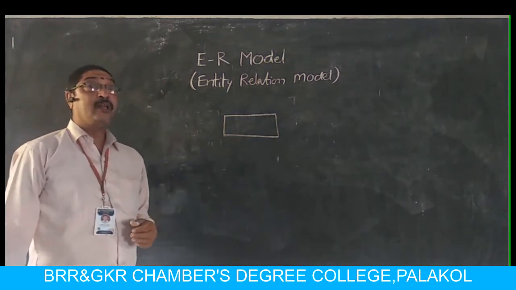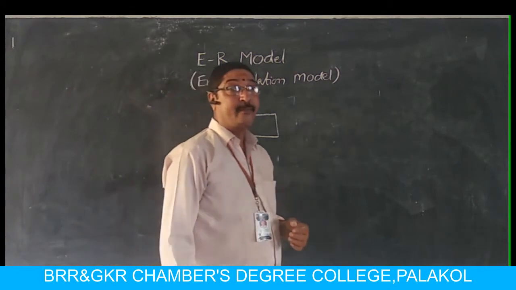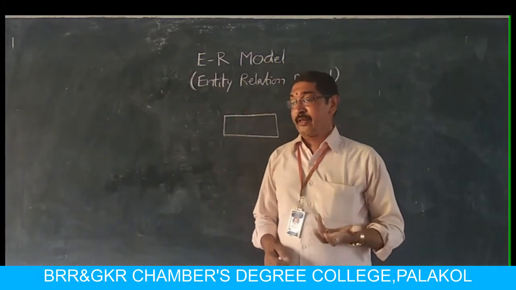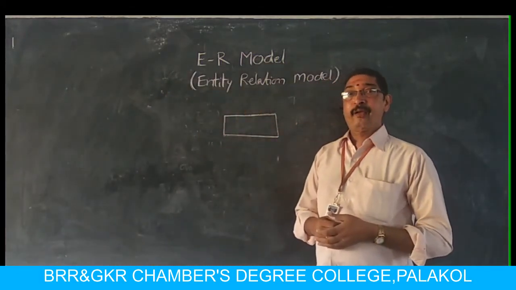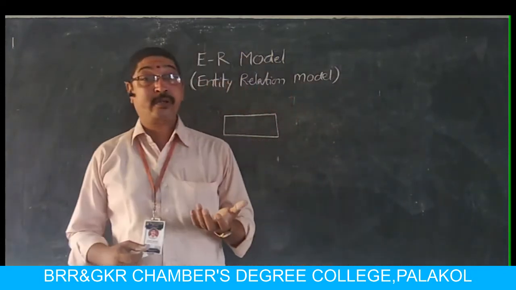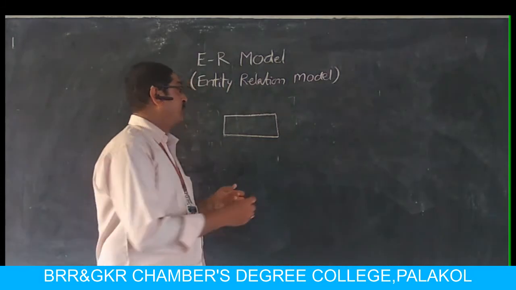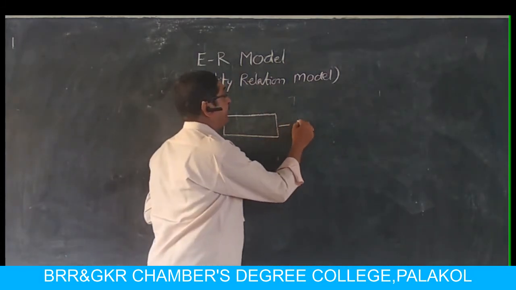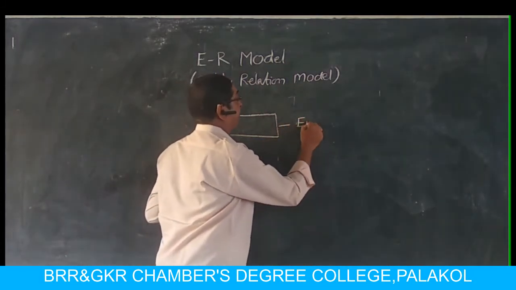In this rectangle, we will denote entities only. For example, student, customer, account number, account, like that. So entity will be denoted with the help of this rectangle.